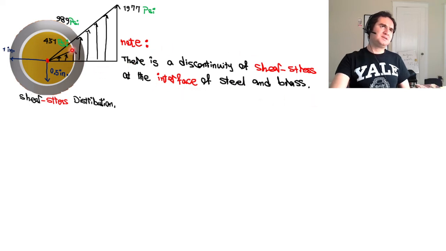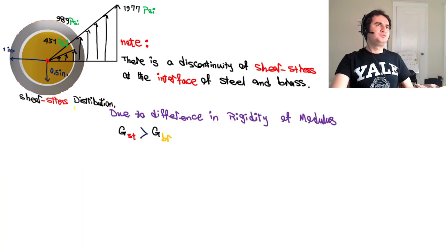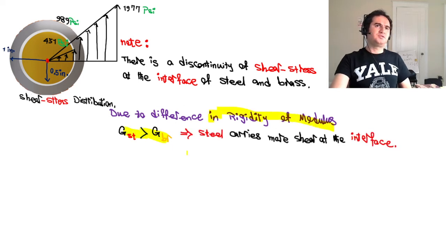At the same location, just in different materials, the stress is different. The reason is that steel is stiffer than brass due to the difference in rigidity modulus. That's why steel carries more shear at the interface.